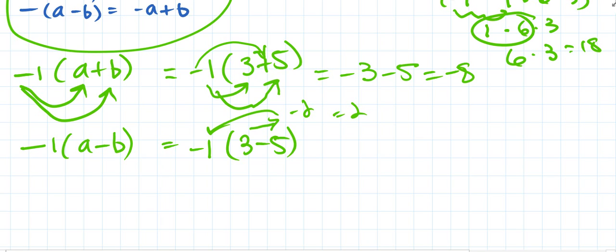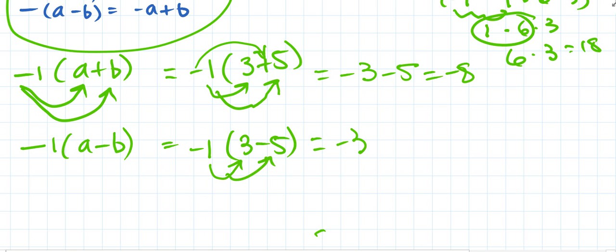But we're going to distribute piece by piece. Negative 1 times 3, excuse me, is negative 3, and then distribute that to the negative 5, the sign changes, and you get positive 2. And that is the property of negative numbers.